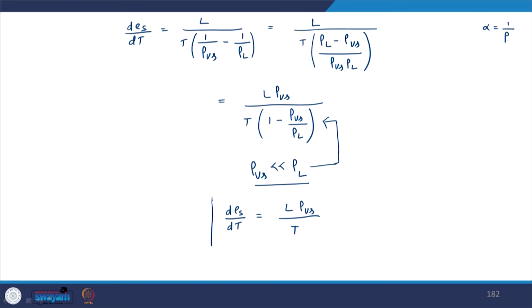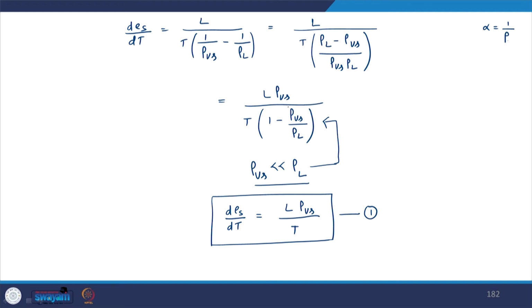Okay. Let us call this equation, what have we done so far? We have just used the Clausius-Clapeyron equation between the density of water and the density of vapor at saturation. So, we have gotten rid of the density of liquid because the term is appearing in the denominator, which is very large in comparison to the term that appears in the numerator.